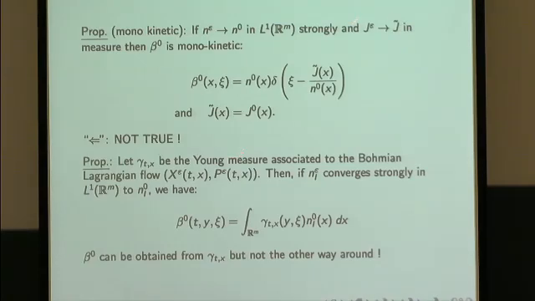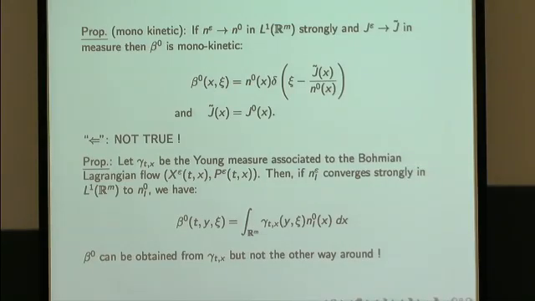And of course, the in-measure limit of the flux density is equal to the weak limit of the same sequence. Now, what you would really like to have is the other direction, but the other direction, unfortunately, is not completely true.